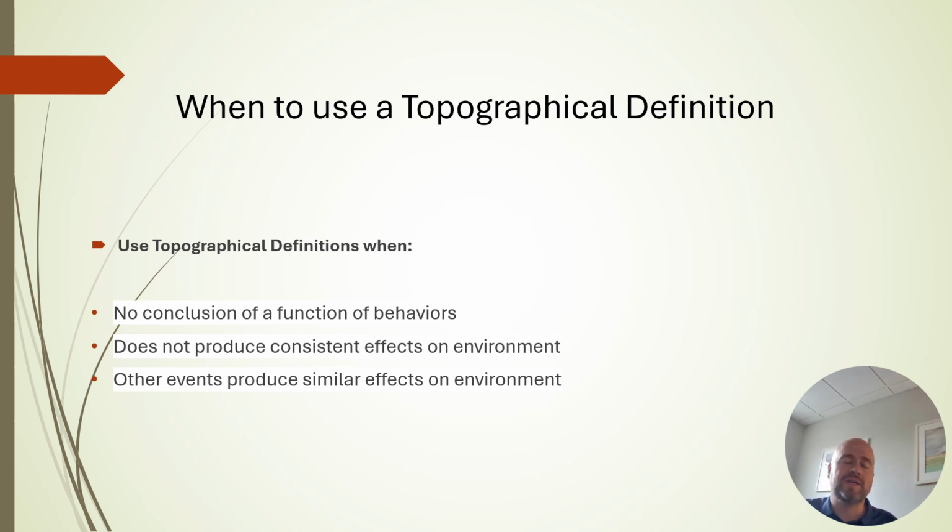If we're teaching someone handwriting, we care more about the form of what the handwriting looks like. Sitting up straight in your chair and holding the pencil a certain way are really important features of teaching handwriting. So we care more about how the behavior looks rather than the effects on the environment.